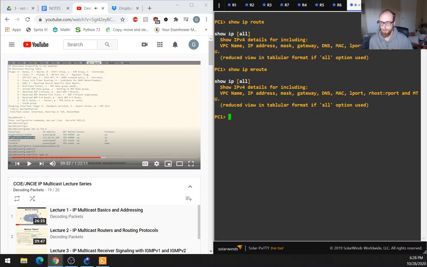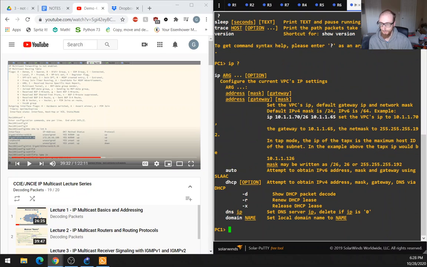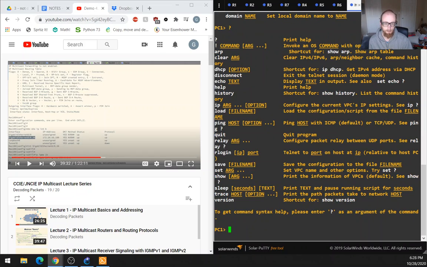Okay, so there's a lot of complicated configuration on the host. I don't think it's as simple as just setting it up, because I need IGMP. Can I configure IGMP on here? I might need a Cisco router.